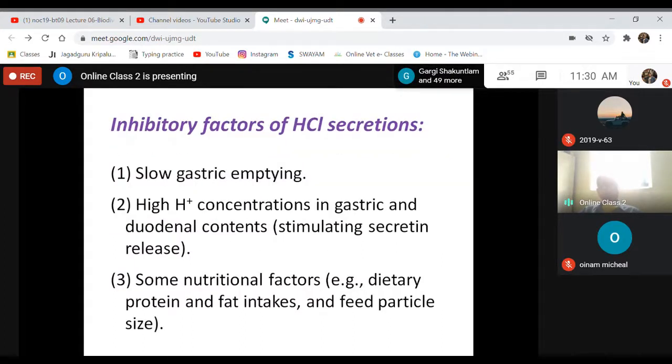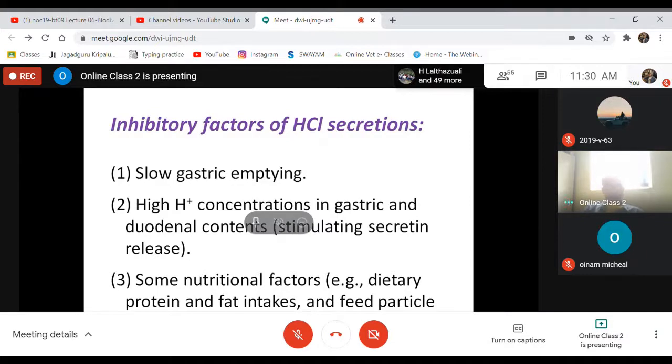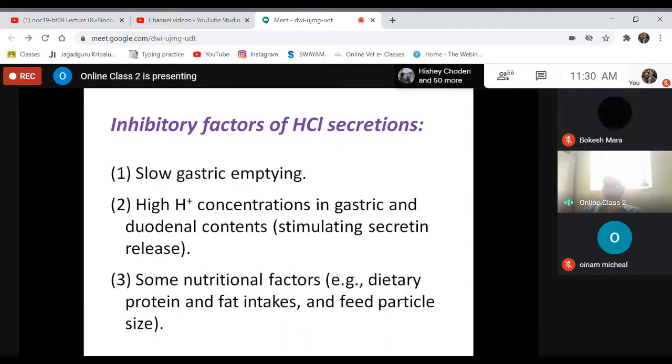And there are many inhibitory factors of hydrochloric acid secretion. Number one is slow gastric emptying. That means when the ingesta or food stays for more time in the stomach, secretion of hydrochloric acid will slow down, and thereby there may not be proper activation of the zymogens, and the digestion of the protein may be affected.